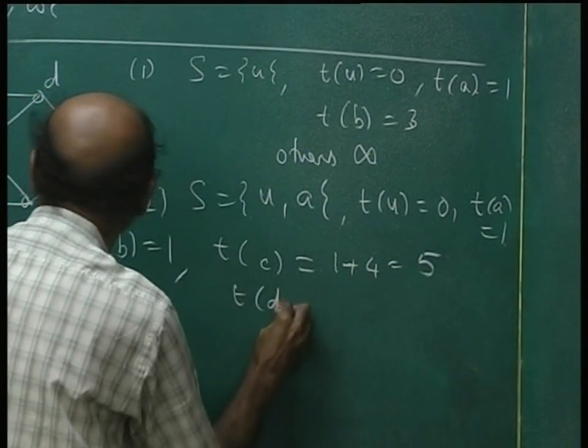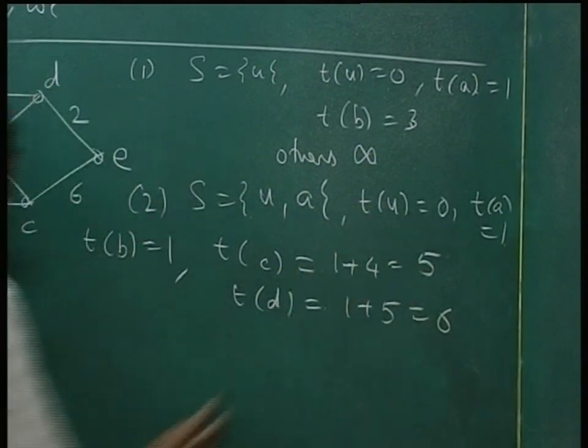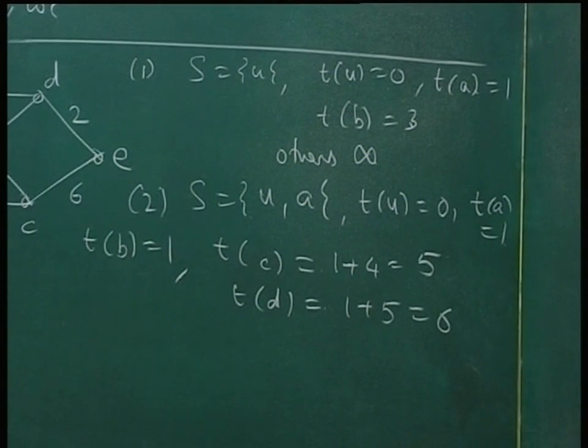T of D will be 1 plus 5 equal to 6. Okay? Whatever is not written here, namely, I have not written E, the tentative distance is infinity.